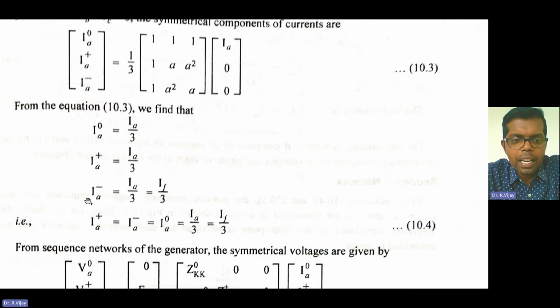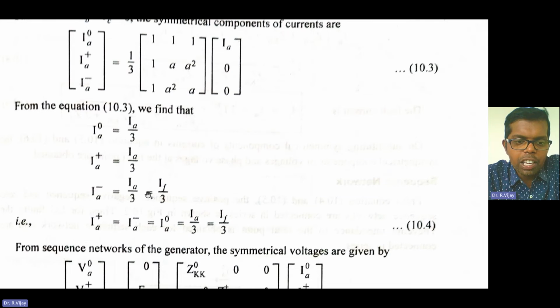So you might have asked one question, why are all these three currents the same? Just multiply it and you will find the same answer will come. And you can tell in the comments whether you got the same answer or not. Here, the zero sequence, positive sequence and negative sequence currents, we are just converting in terms of the phase A current component.